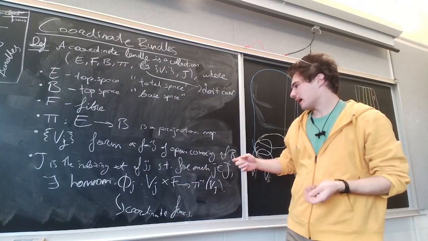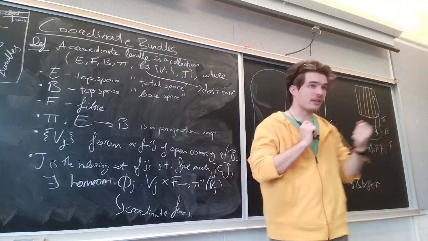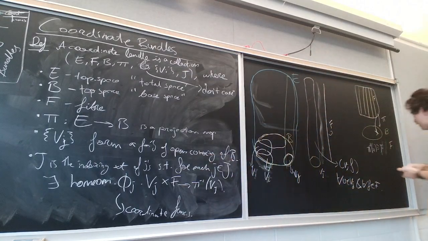Then, this is not necessarily going to be as simple as just B cross F. This is what you naively want to do: look at the space B cross F, where at every point you just attach a fiber, and so it's very nice and simple, and you're done.